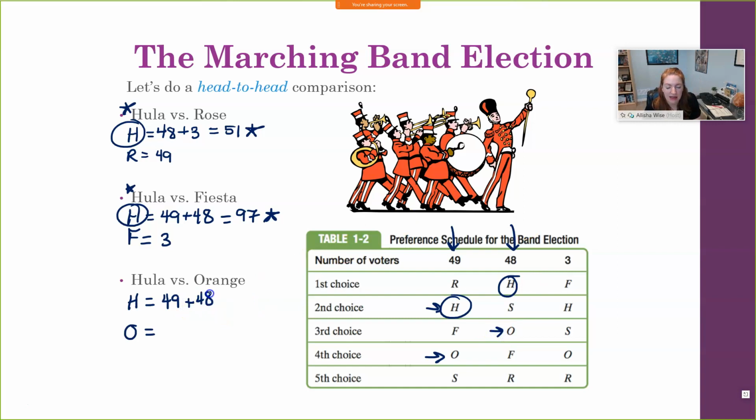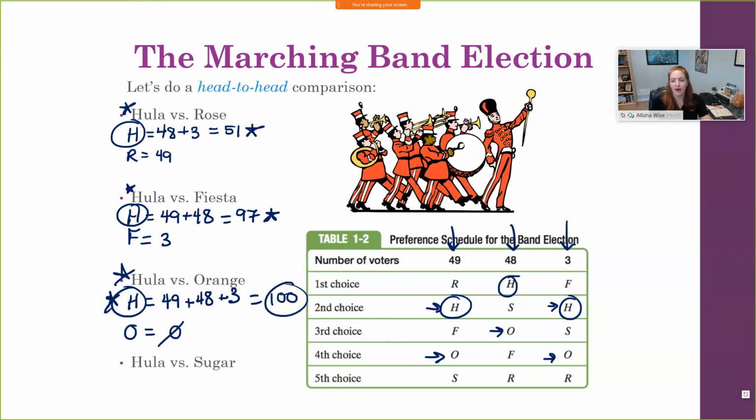And then last but not least, who's going to get those last 3 points? Hula, very good. So in fact, hula, yeah, they got everything. Orange has 0. So hula is going to win again.